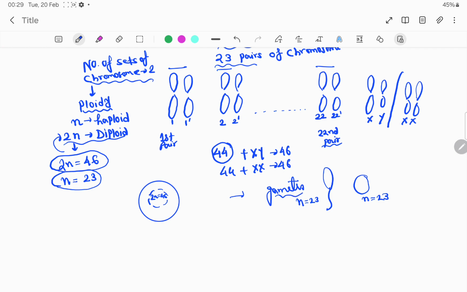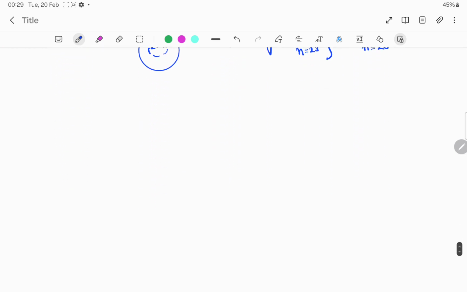Clear? Okay, so suppose this is the first pair of chromosome. So this is 1, another is 1 dash. Now in that pair, one chromosome has come from the father, and another chromosome has come from the mother.